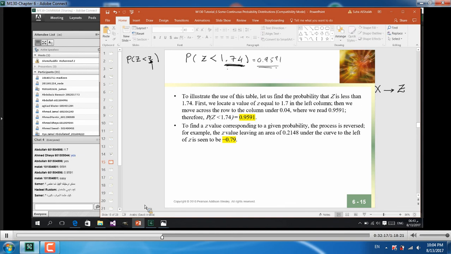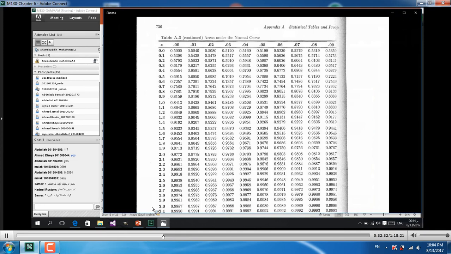We will see examples. So now to find the opposite thing, if they give me the value of the probability and they are asking me to find Z, can I? Yes, I can. For example, they gave me this value 0.8485.